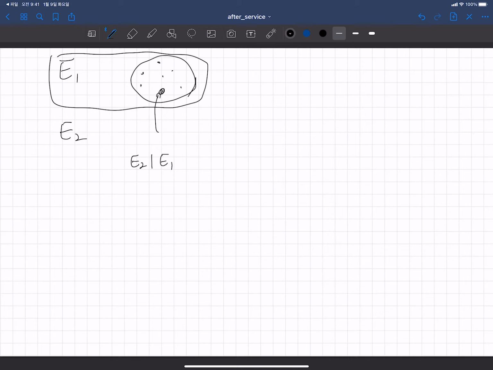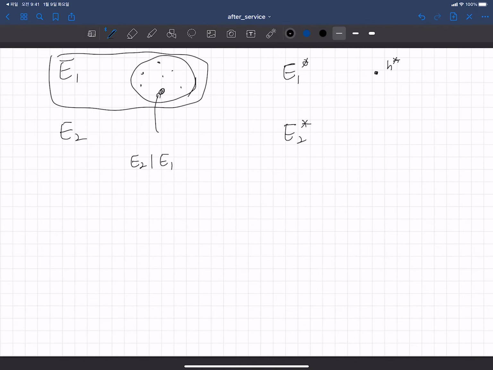On the other hand, E1 star and E2 star are defined for one particular hypothesis. We are interested in one particular hypothesis, H star.